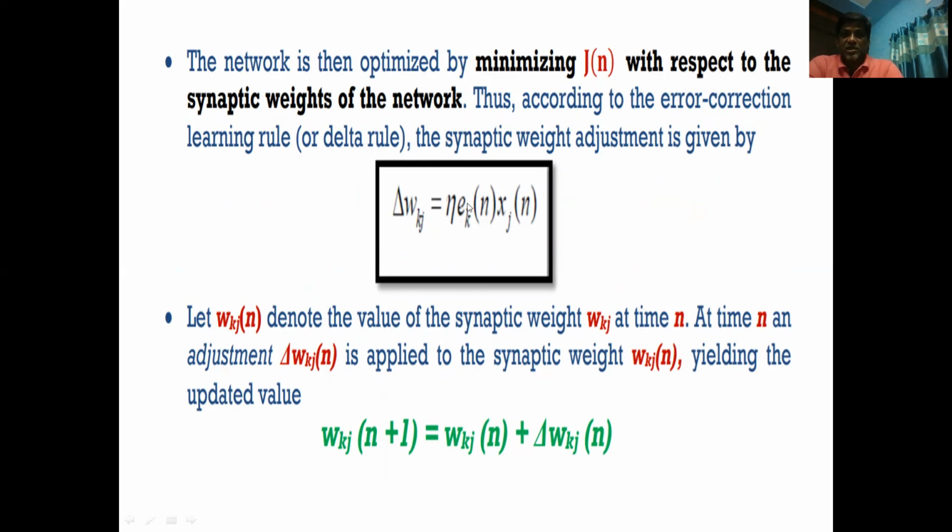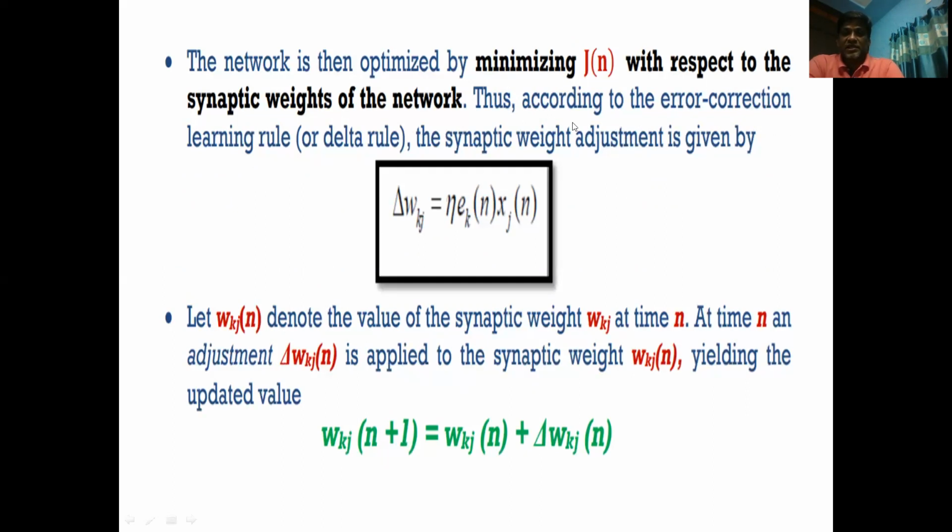That means, based on the error term, we will modify the synaptic weights of the network in such a way that the error becomes minimized. That is the main purpose of using this error correction learning.